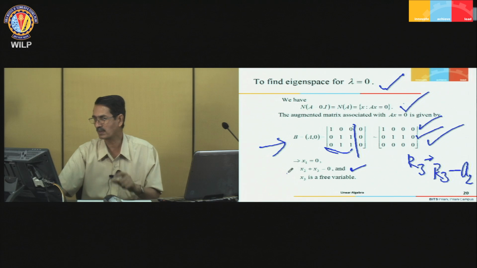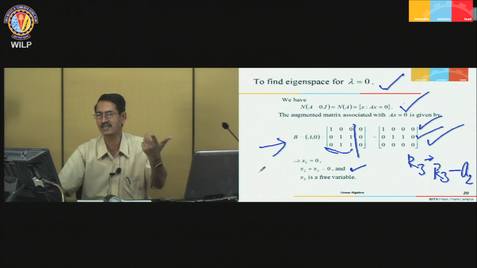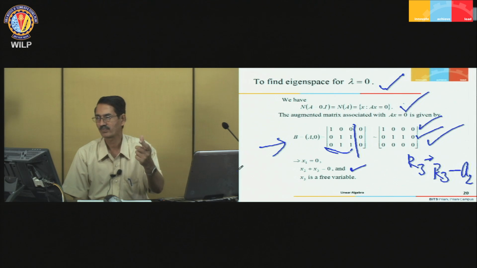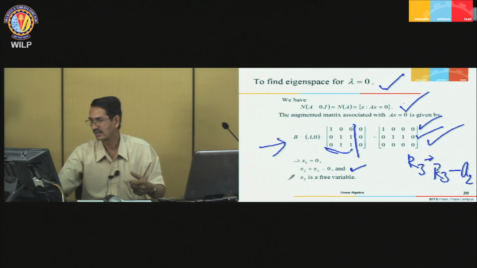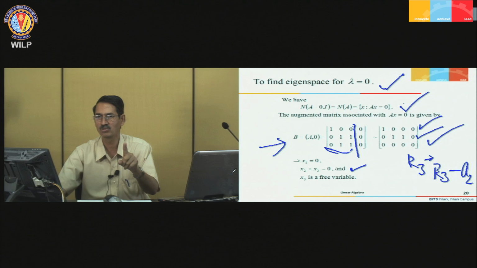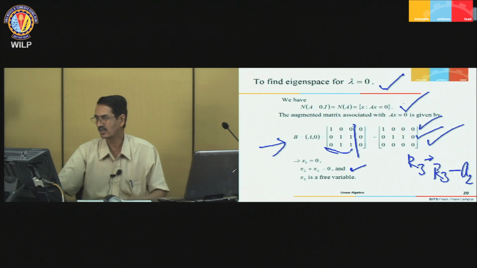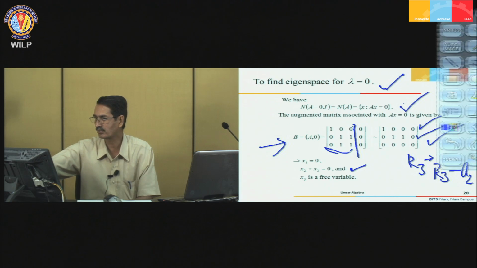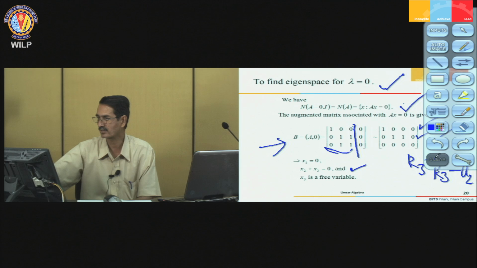After that, x2 plus x3 is 0, and therefore x2 is minus x3, and x3 is a free variable, x3 is any real number. So, see here that we are going to get an infinite number of solutions. If you assign any x3, then corresponding to that you will get x2, and x1 is always 0. So, we will get an infinite number of solutions, of course including the 0 solution.